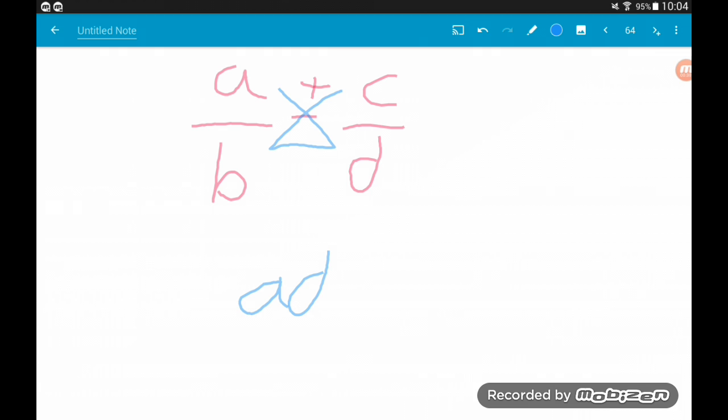Then we get whichever sign, so here we've got plus or minus. Then the bottom of the first times the top of the second, so b times c, and then it's all over the two bottoms multiplied together, so b times d, like that.